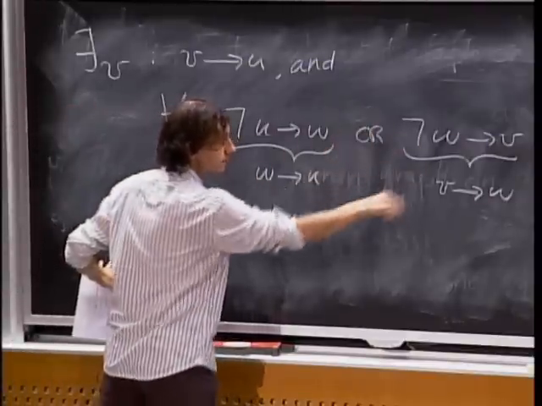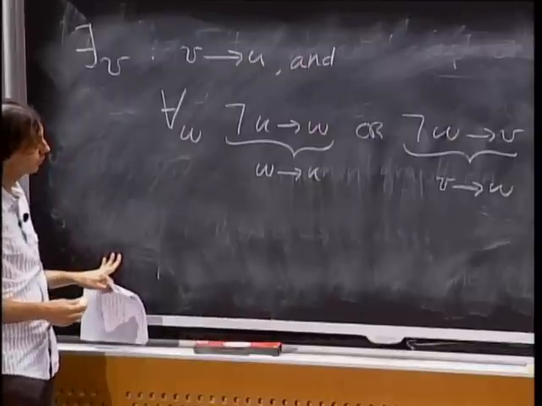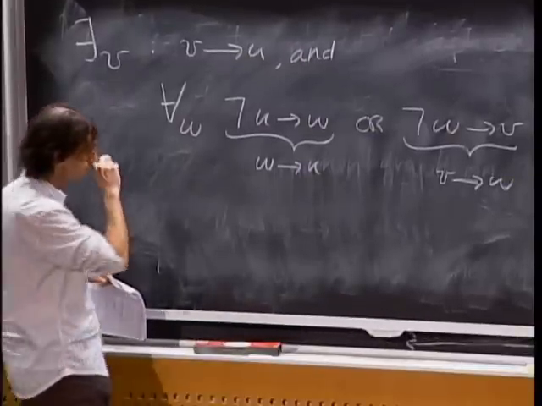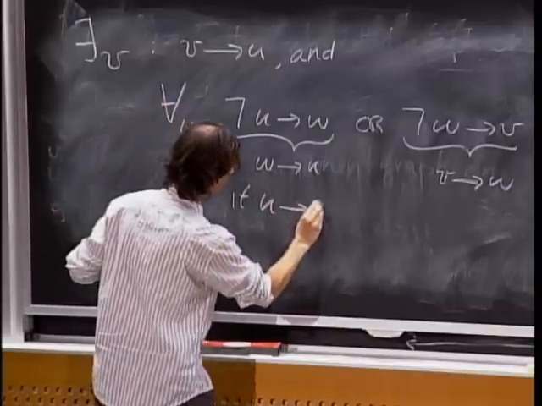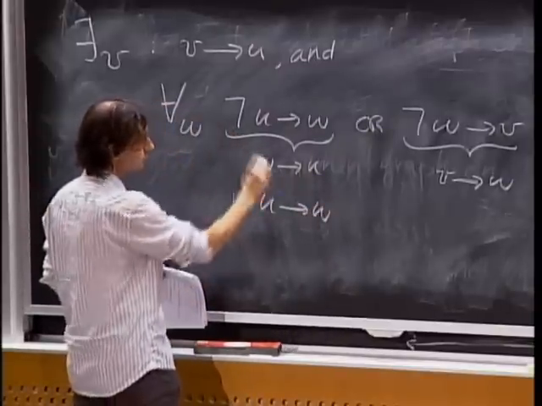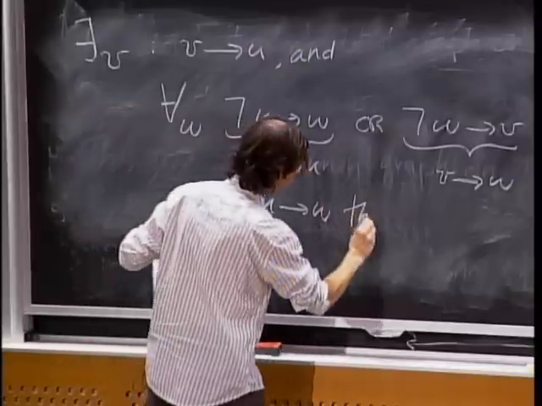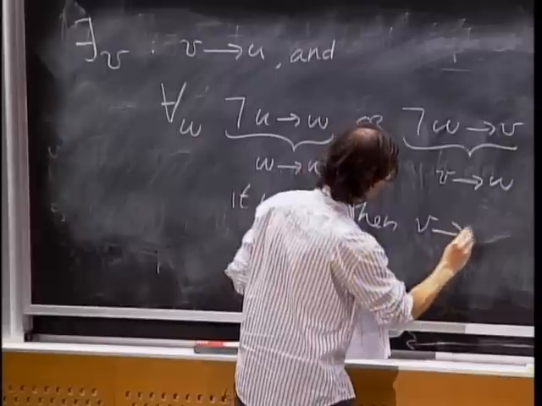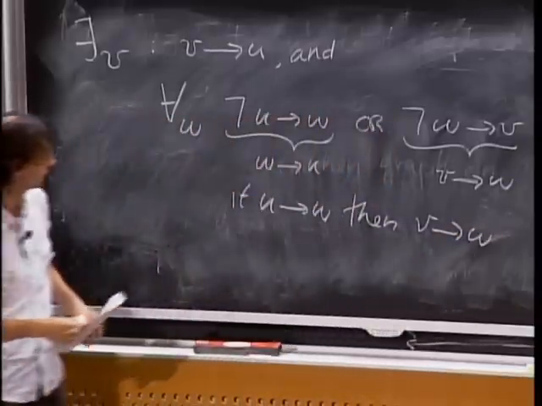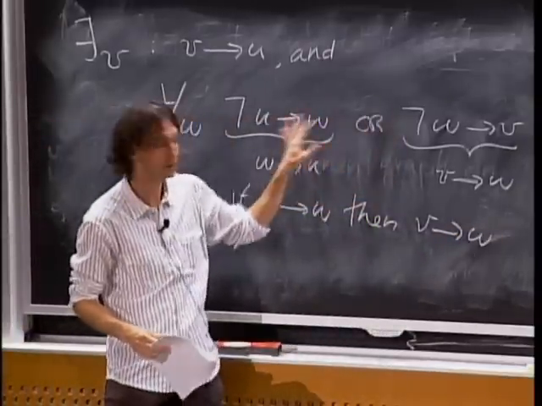We can rewrite this logical expression once more. We can also say that if U packs W, so this is not true, then it must be true that this one holds. Because if that's not the case, then this condition is not true.